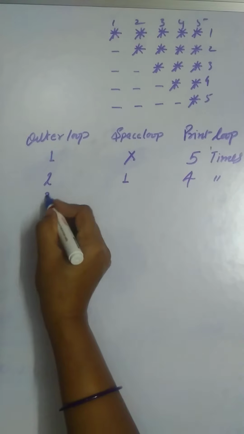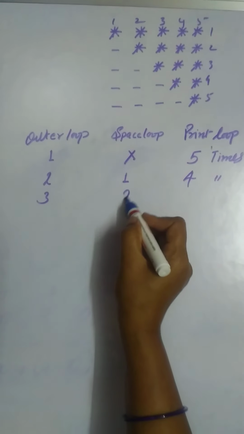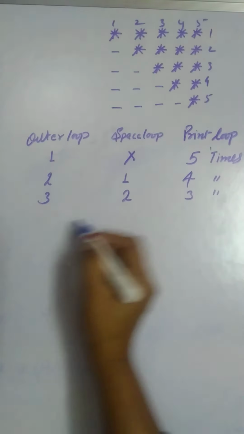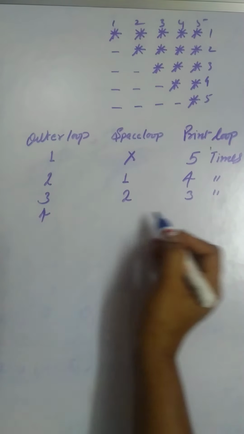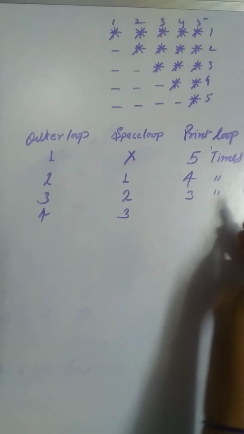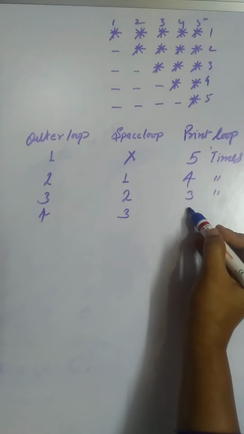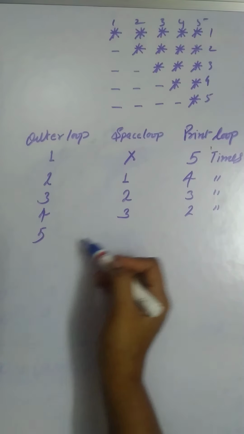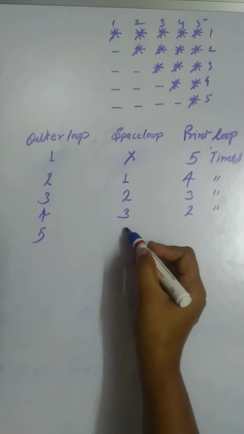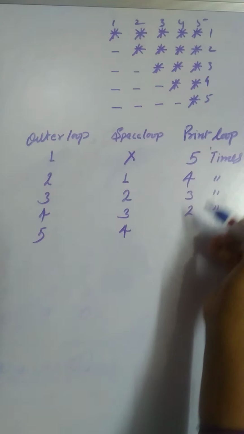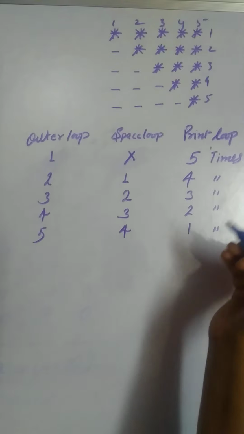In the third time, the space loop runs 2 times and the print statement 3 times. When the outer loop runs the fourth time, the space will be 3 and the print loop is 2. When your outer loop runs the fifth time, the space is 4 and the print statement prints the star only 1 time.